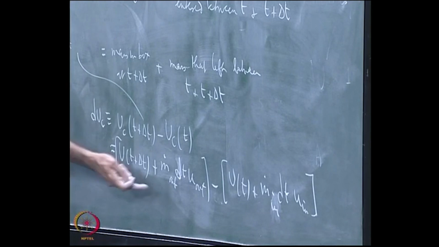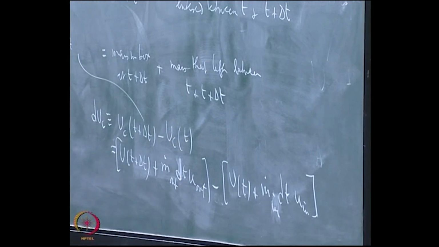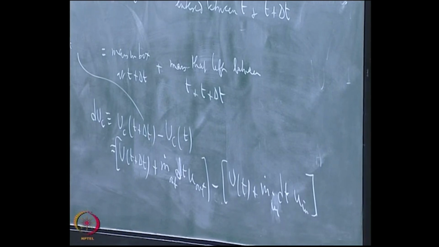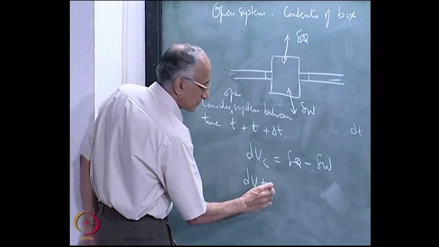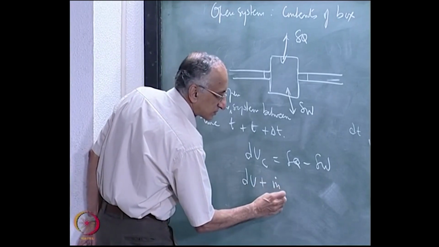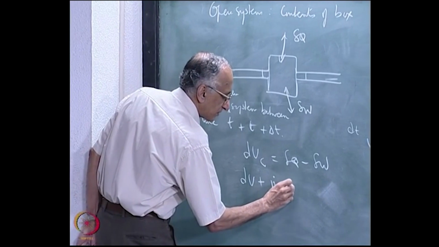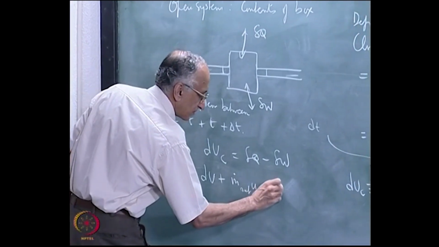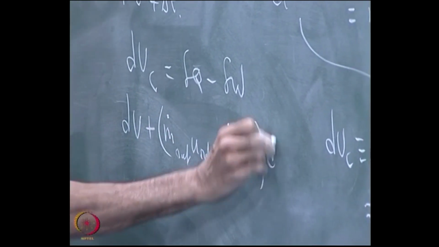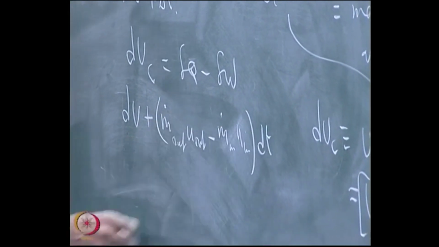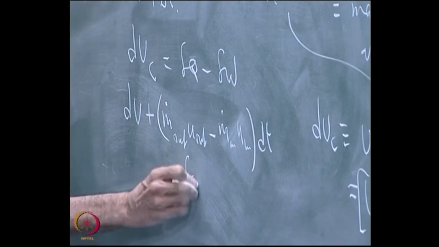So this U at t plus delta t minus U at t is dU, plus you have this is equal to delta Q minus delta W.